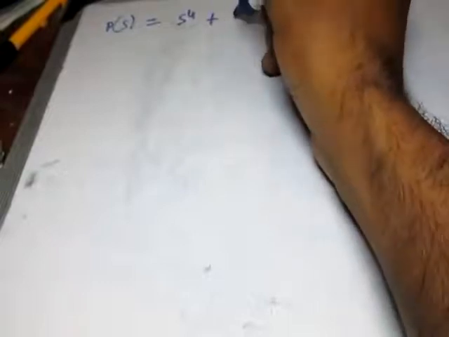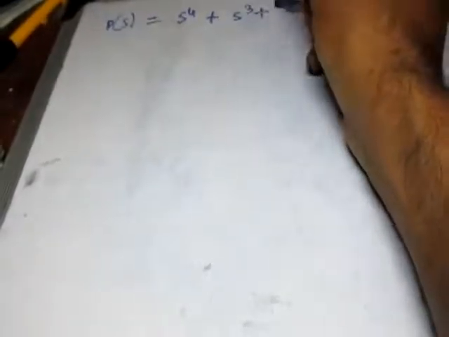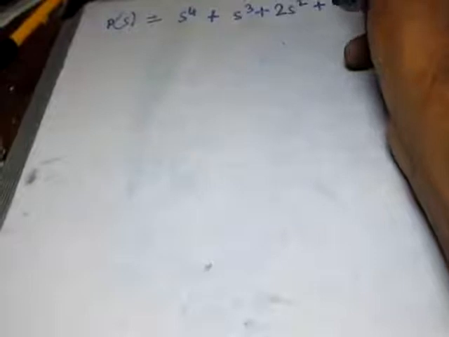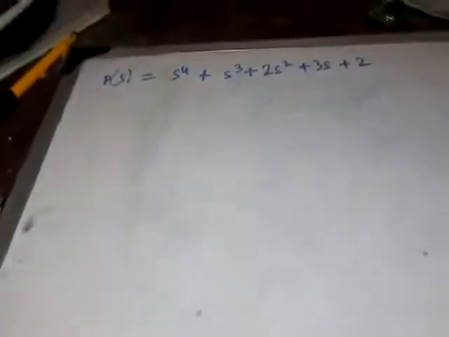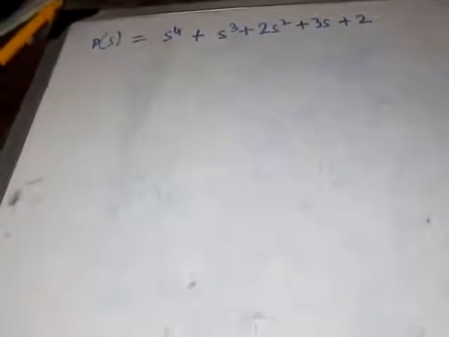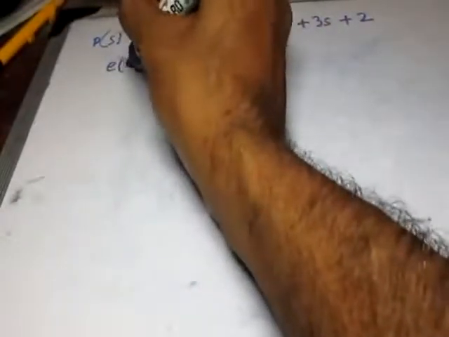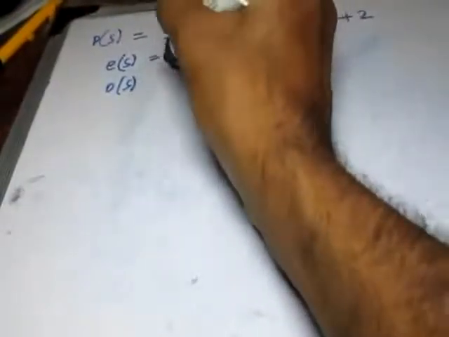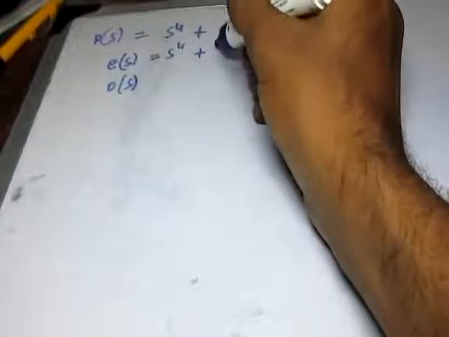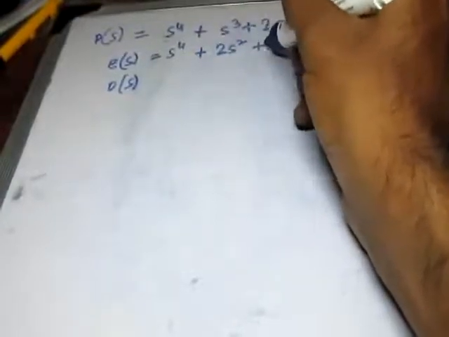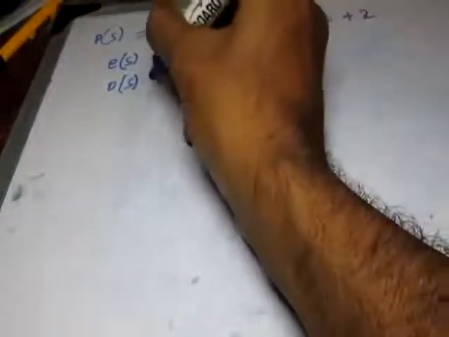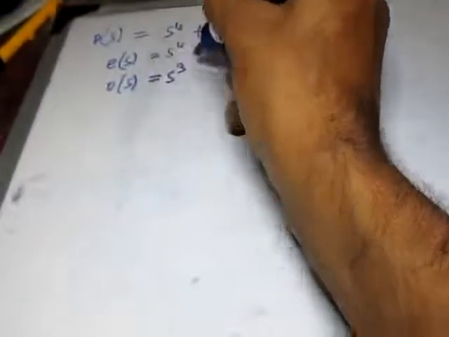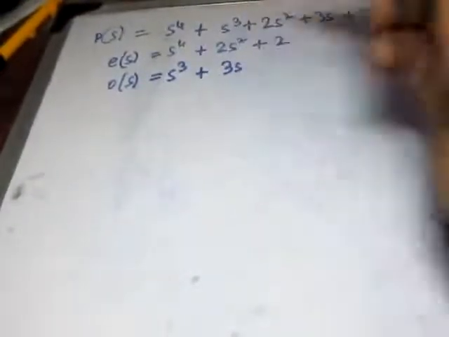is equal to s to the power 4 plus s cube plus 2s square plus 3s plus 2. We make the even polynomial and an odd polynomial. The even part will be s to the power 4 plus 2s square plus 2. The odd part will be s cube plus 3s.